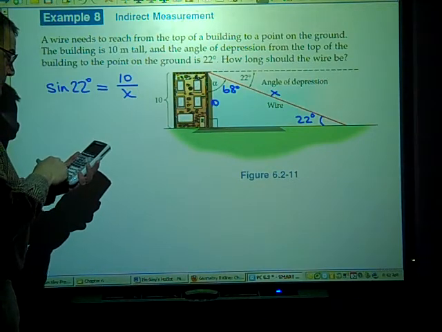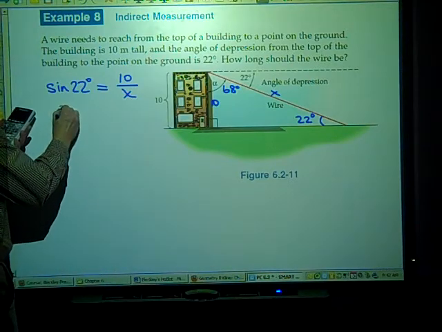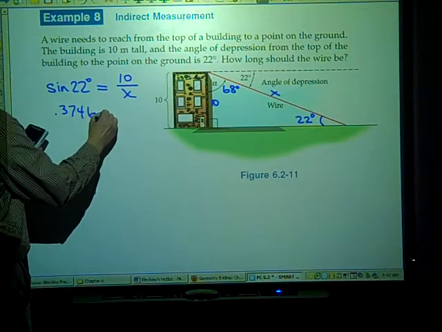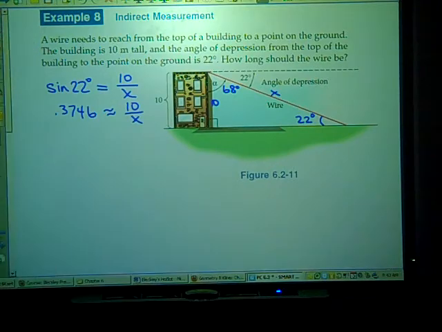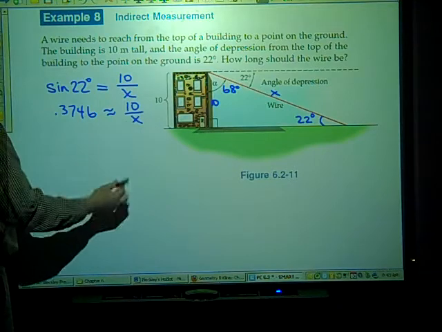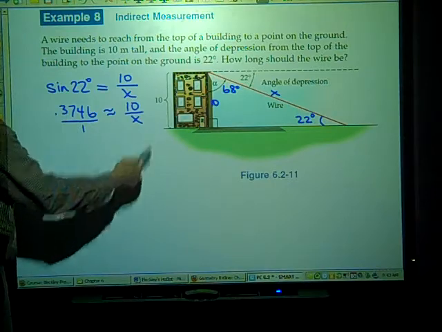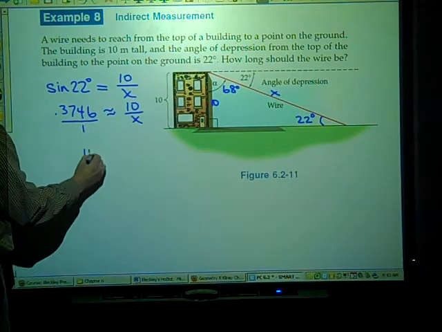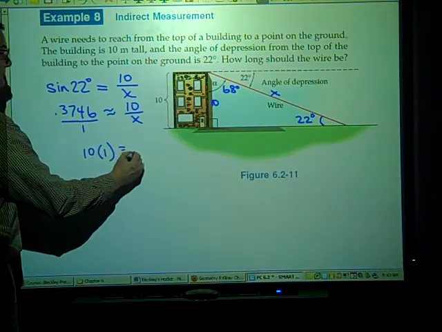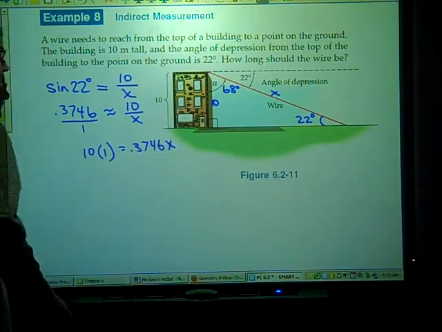And the sine of 22 is approximately 0.3746. Alright, now you notice that x is in the denominator here, so we could multiply both sides by x, or I find it easier to just use your cross products property, think of it as a proportion. So we get 10 times 1 is equal to 0.3746 times x.